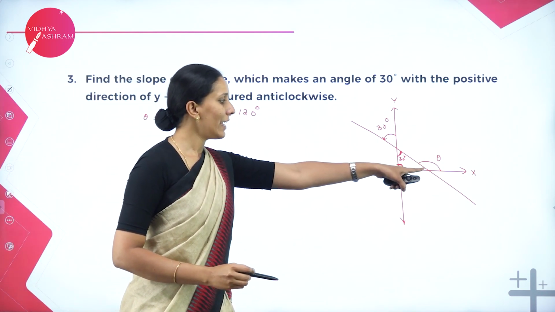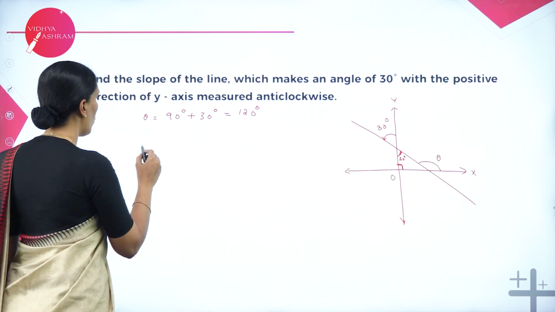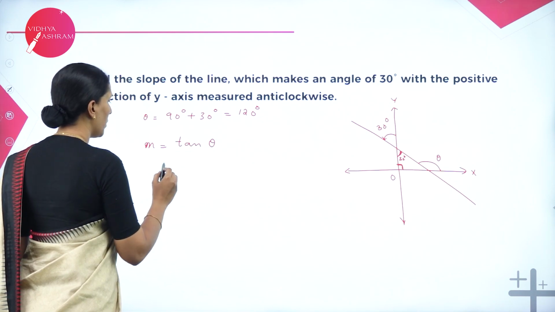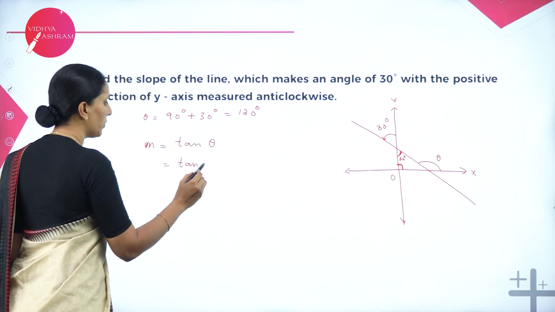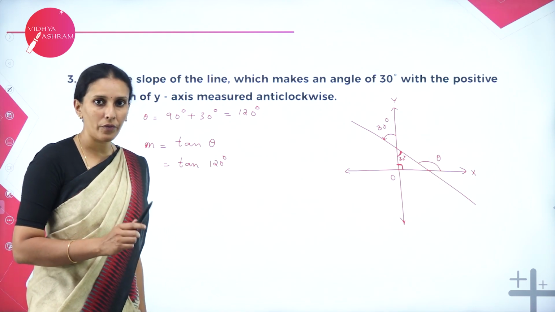Now, whenever the inclination along the positive direction of the x-axis is given, the slope of the line is given by m is equal to tan theta. So here m is equal to tan 120 degrees. But we do not have a standard value for 120 degrees.